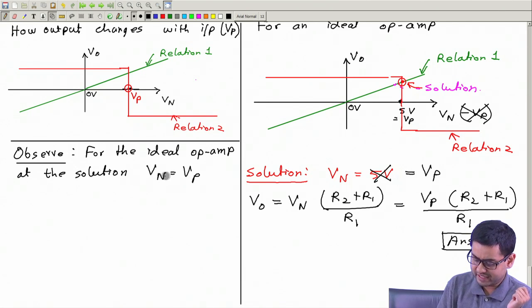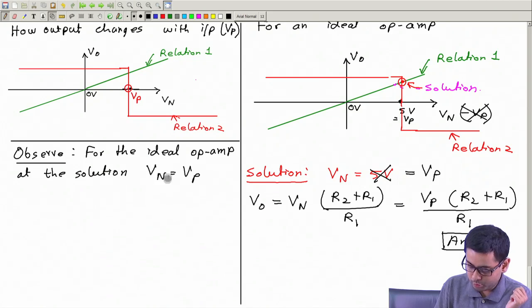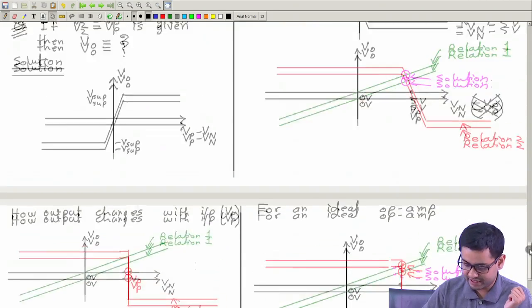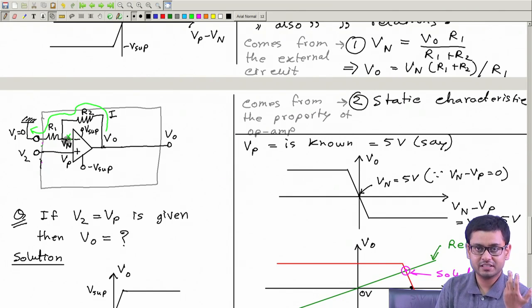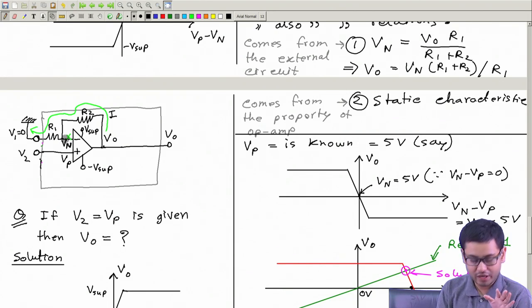So this means as if the two points Vn and Vp in the circuit are at the same potential. When two points in a circuit are at the same potential, it happens if they are electrically connected or shorted together. But here, between these two, Vn and Vp, there is no connection at all, no short circuit at all, but yet they are at the same potential.